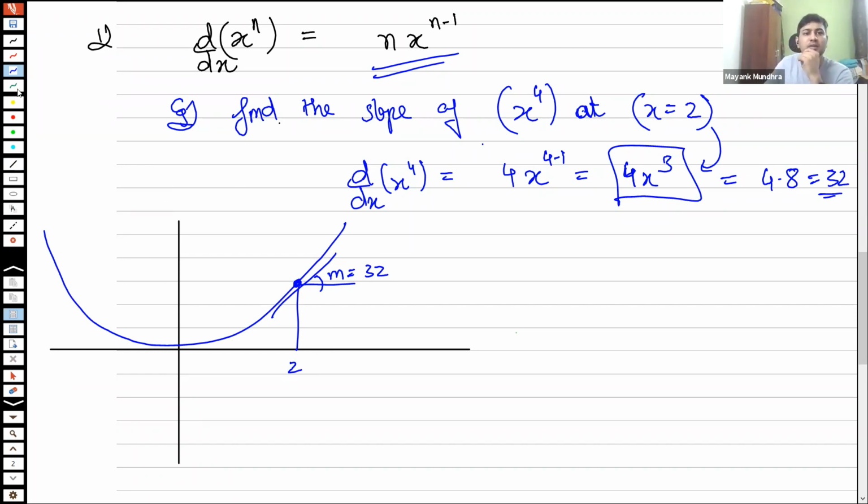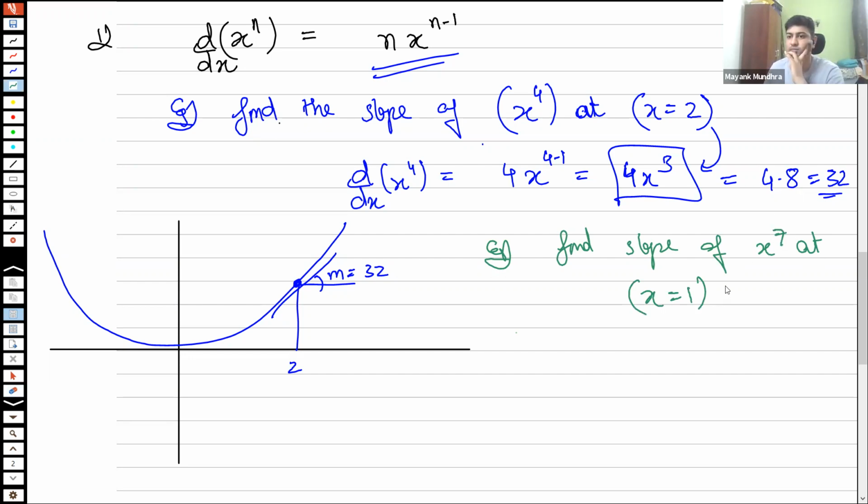So let me give you another example now. Find the slope of x to power 7 at x equals 1. What is this going to be? 7x to the power 6.